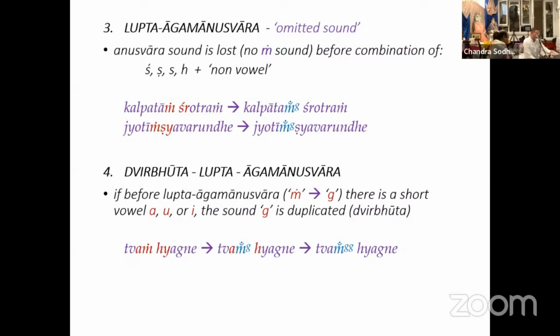You see, shra is this combination of sh plus a non-vowel. Then we have kalpatag shrotram, meaning that the anusvara m is dropped, and only the g sound is left. That's why lupta agama anusvara, meaning the m is dropped.